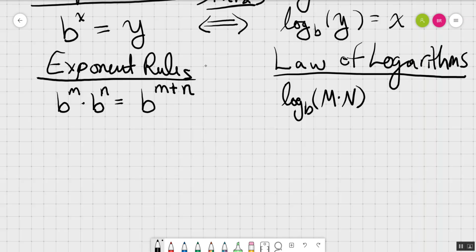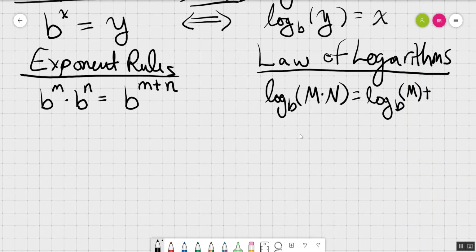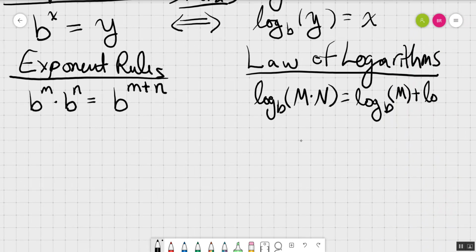Similarly, the logarithm of multiplication is actually an addition of logs. So see how it doesn't work exactly the same? It's very similar, but in the exponent one, it was in the exponent, and in the logarithm one, it's down outside of the exponent, because remember the logarithms produce exponents.